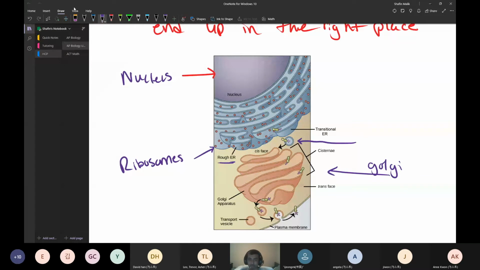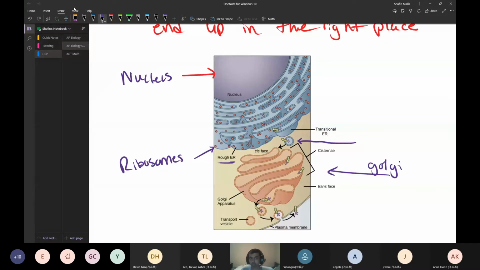Okay, now what ends up happening is when the vesicle leaves the ER, it can have a tag, but that tag is a carbohydrate which tells the vesicle to go to the Golgi apparatus.